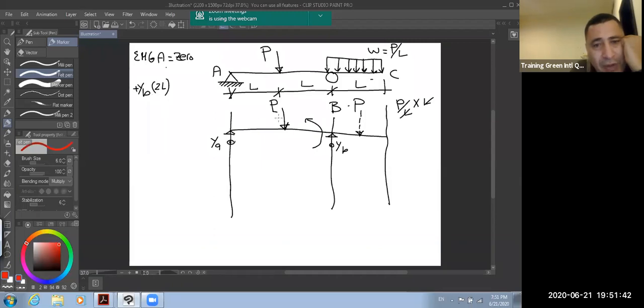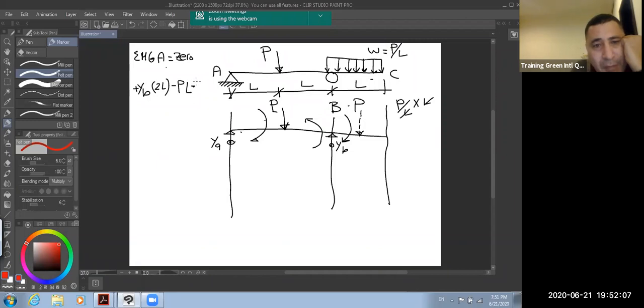Right. What about the force B, the concentrated load? It gives a negative moment. Why negative? Because it gives tension in the upper fiber. So minus B multiplied by L. Very good. Minus, because the other B is giving you moment in the upper fiber, tension in upper fiber, negative.